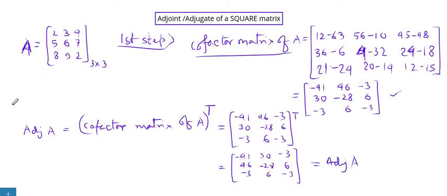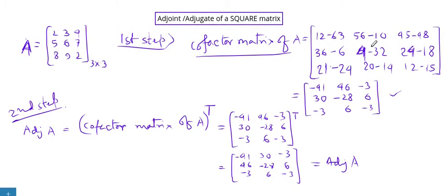So this is the second step. There are two steps involved in finding the adjoint or adjugate. The first step is to find the cofactor matrix of A, which means replacing every element of A by its cofactor.